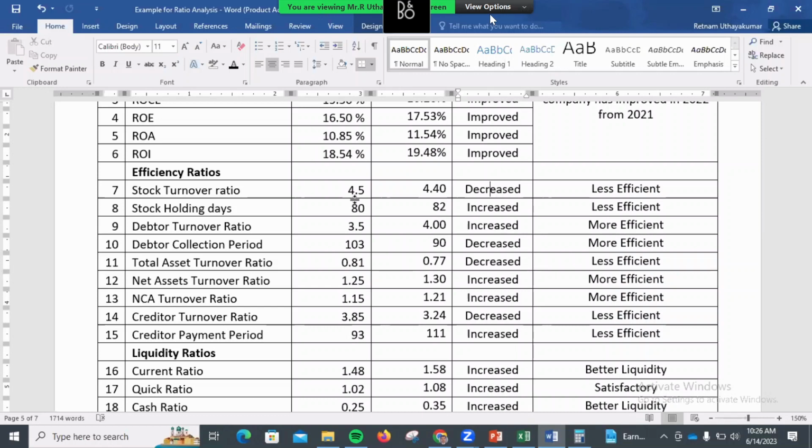Even though the creditor allows, say, 90 days, now the firm has taken 110 days to pay the creditors. They have taken some more creditor payment period. Actually, it should be interpreted as less efficiency.